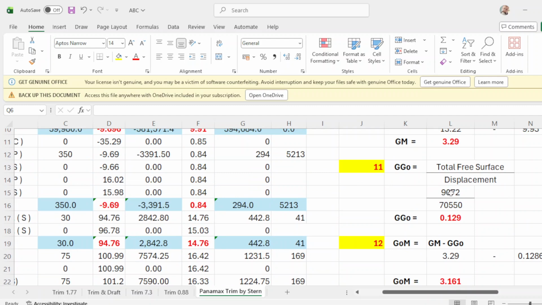So this is your total free surface over your displacement of 705. This will be your GGO of 0.129.